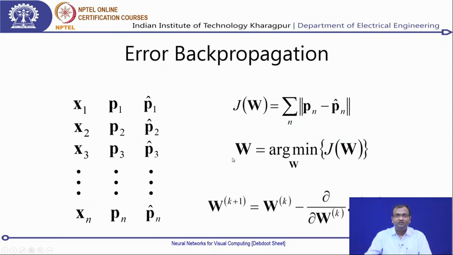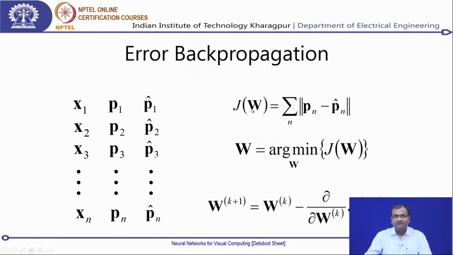And what we do is we use a form of something called gradient descent to solve this. The statement goes something like this: you initially start with a random guess of W within a kth iteration. So, at the start, k equal to 0, I start with some W. With that W I get my predictions P1 to Pn hat.